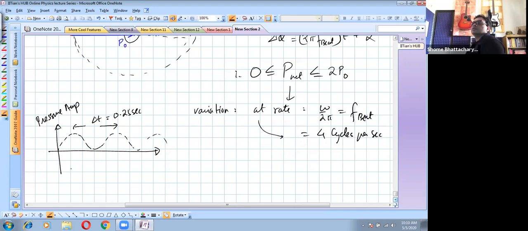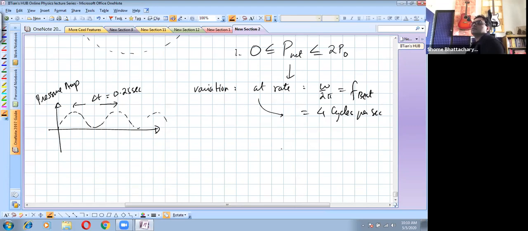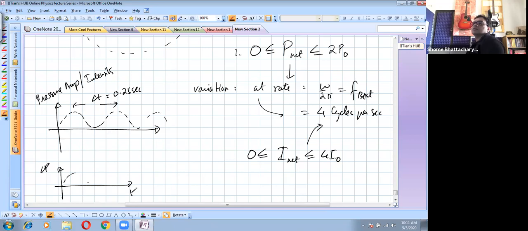Or even if you think about the net intensity, that varies between 4 I naught and 0 at 4 cycles per second. So you can think of this as intensity also. So the actual variation of pressure with time becomes like this.